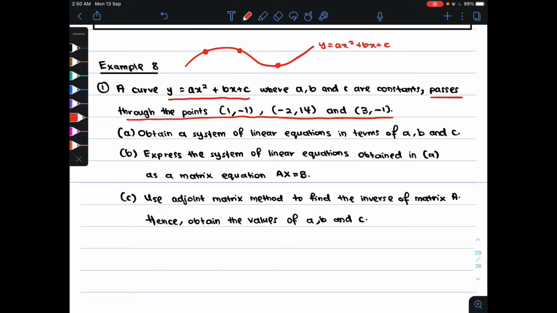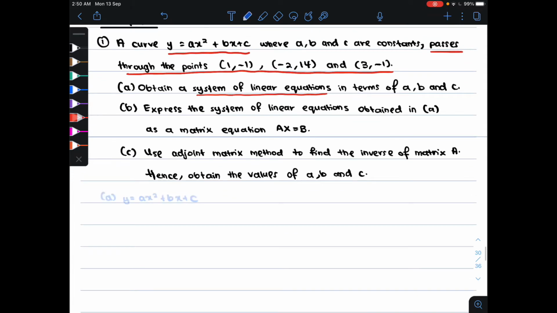So, in part A, we need to obtain a system of linear equation in terms of A, B and C. Since we have 3 points, this means that when we substitute into our curve y, we're going to have 3 equations. So, let's start with the first point, 1, -1. So, nombor 1 kat sini adalah x coordinate kita. So, kita akan substitute dalam kita punya y equal to ax square plus bx plus c.